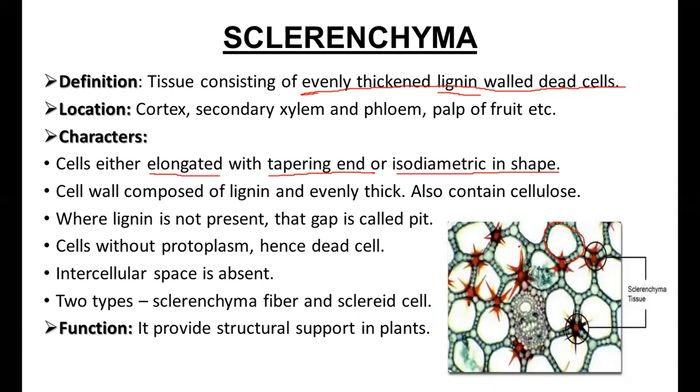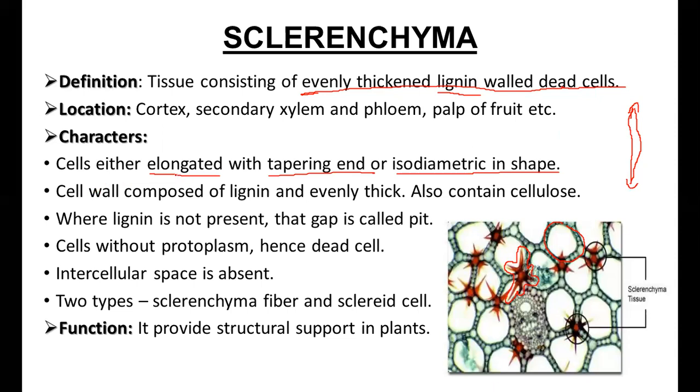If we look at this diagram also, here we can see the cluster of cells that are elongated, with some arms. So these are the elongated ones with tapering ends. Elongated with tapering ends means the ends of the cell should be pointed. So an elongated cell with tapering ends should look like this. Both tips should be pointed.